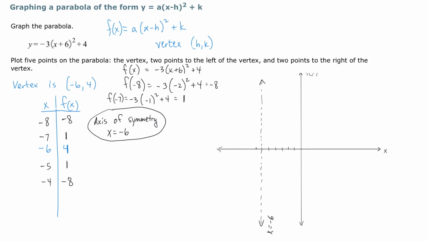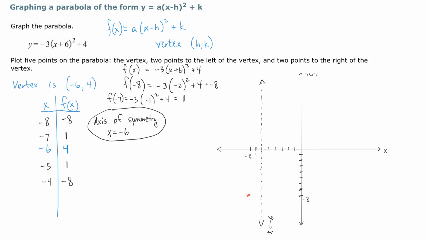We need -8. So there's -8. And then we need -8 down here as well. So that's -8, we get an ordered pair. So right about here. Obviously, if you have graph paper, take advantage of it. Go ahead and use graph paper. That's always very, very handy.